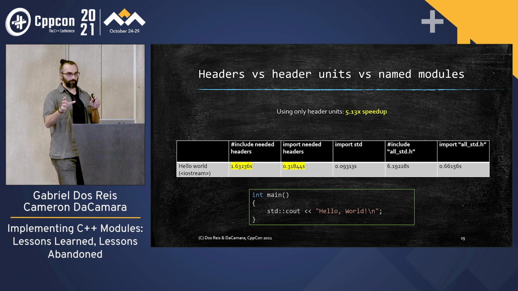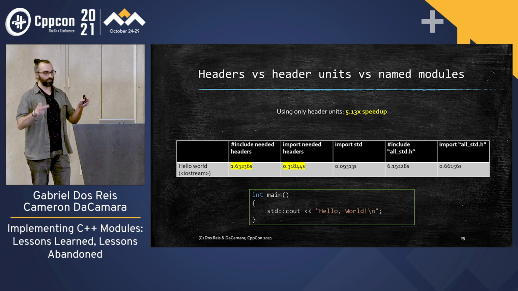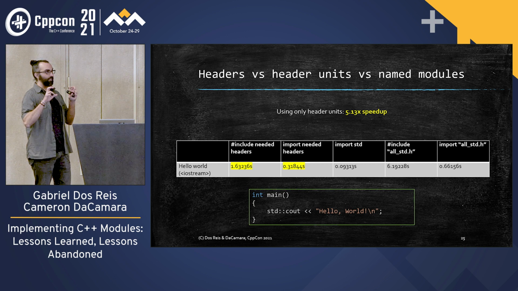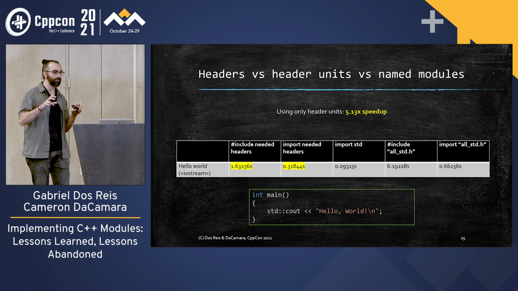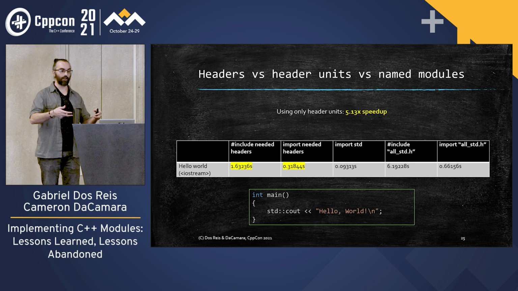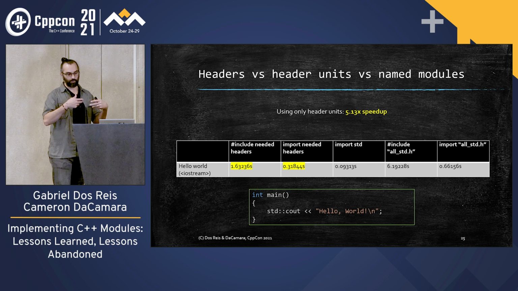Let's focus on the first comparison that logically makes sense, which is hash include to header import. As Gabby mentioned, these header units are really just a formalized PCH. They store some stuff in there, in particular things like macros, and we'll talk about why that's an overhead later. But here's a valid comparison between these two things.